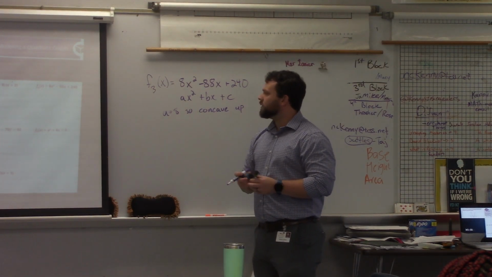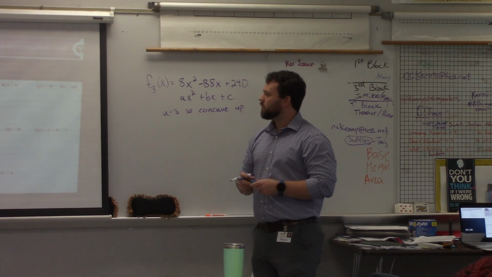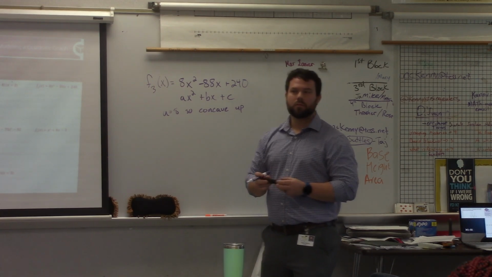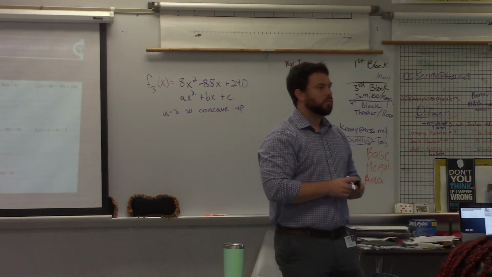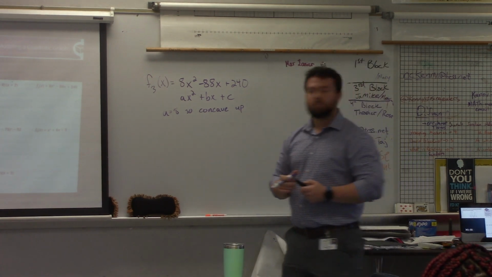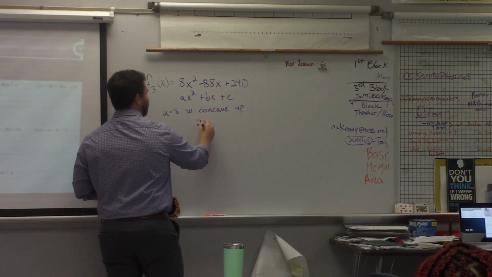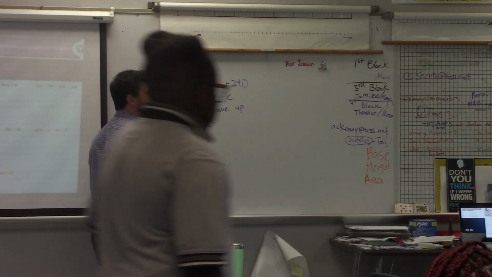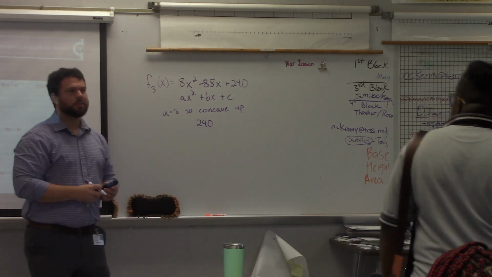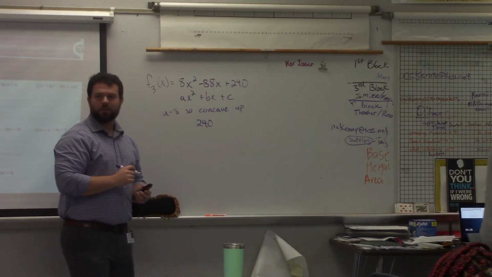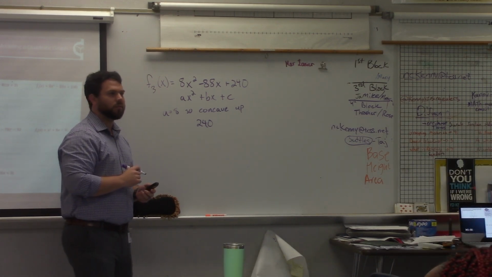All right, so why else does F3 work? The y-intercept is what? What is my y-intercept? Super close. Well, which one is it? Is it 0 comma or comma 0?